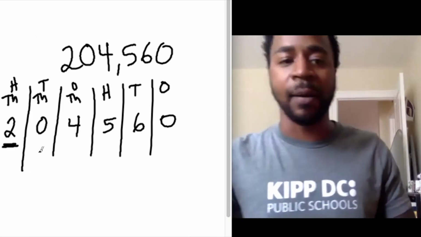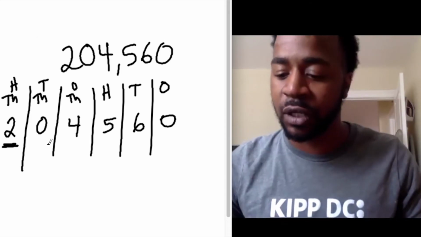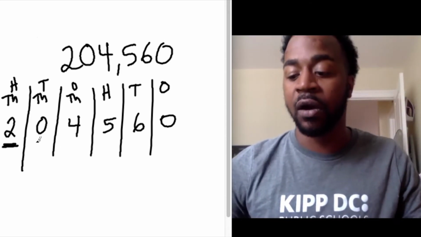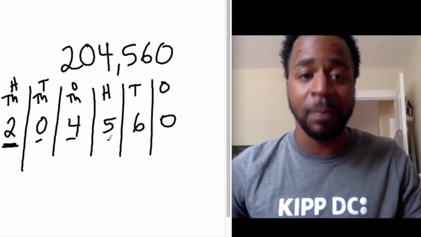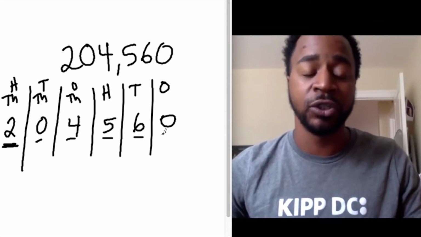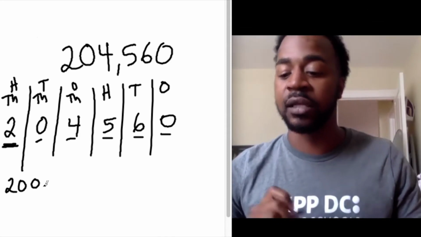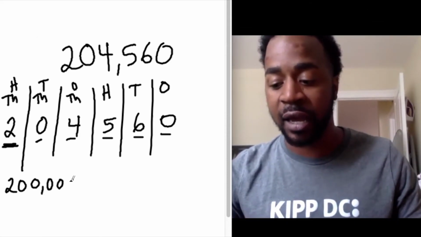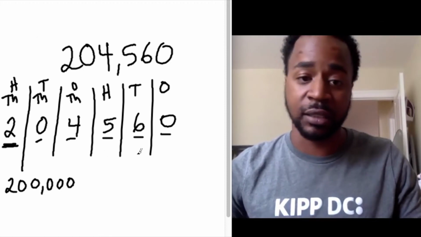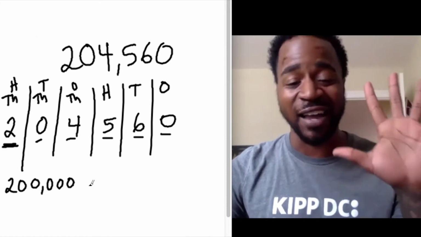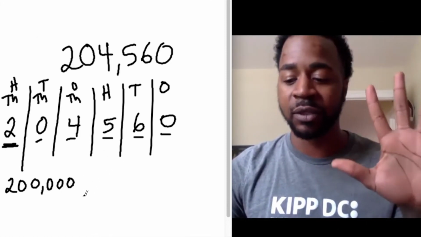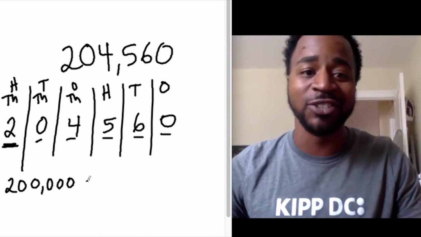You think about how many zeros fall behind 200,000. There's going to be 5 zeros behind the number 2. That's going to be the 100,000s, the 10,000s, the 1,000s, the hundreds, the tens, and then our ones. So it's going to be 5 zeros behind the number 2 to represent 200,000.